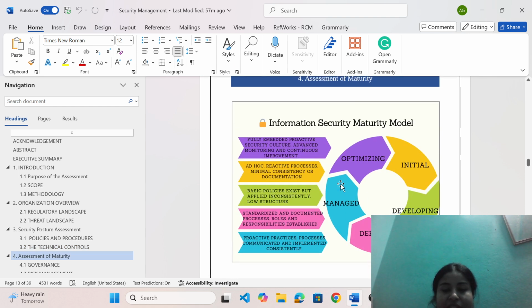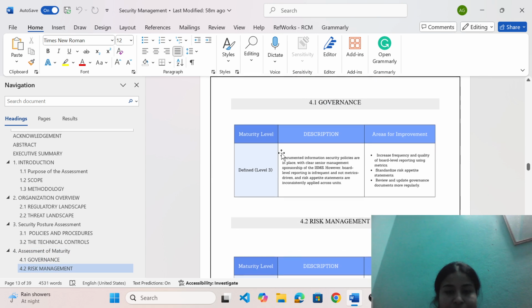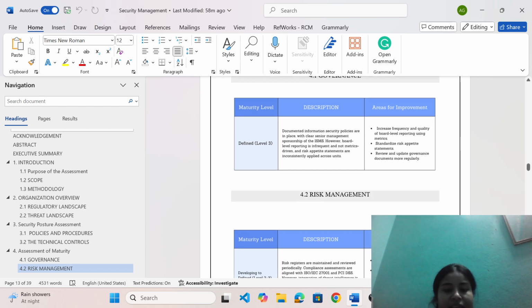Then, you can see here the information security assessment. During the assessment, the PAYSURE digital wallet was evaluated across different sections, like governance, risk, and policies, and whether each is in a defined, managed, optimizing, or developing phase. To evaluate this, I made a table to make it easier to see. Governance falls under the defined section, which is level 3.